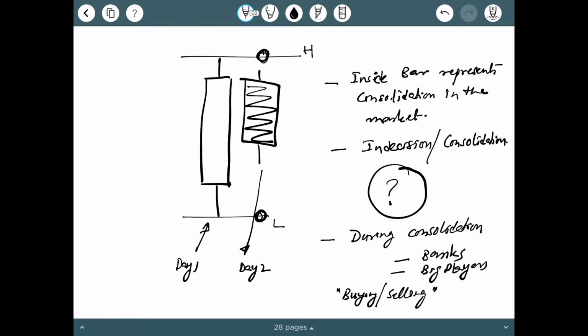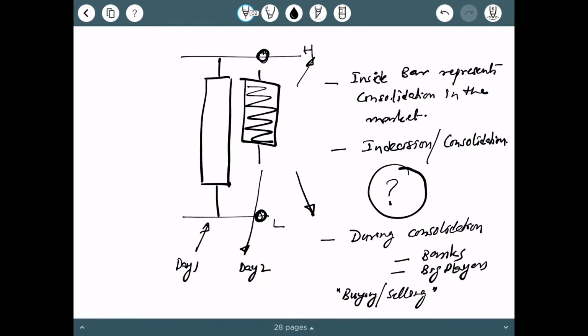When I say carefully, that means they want to take a position, whether they want to go short or whether they want to go long. They are slowly buying in small chunks, because if they suddenly buy, let's say, $1 billion worth of a pair, let's say forex or commodities, then the market is quickly going to move in that direction. What these big players do is they slowly buy.